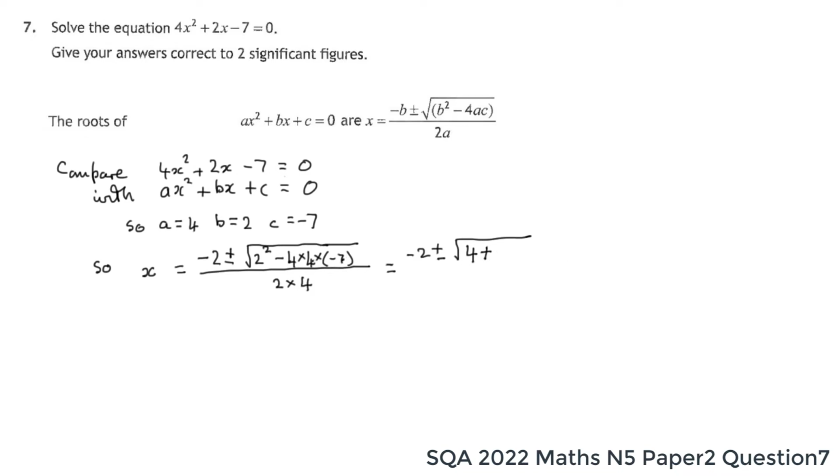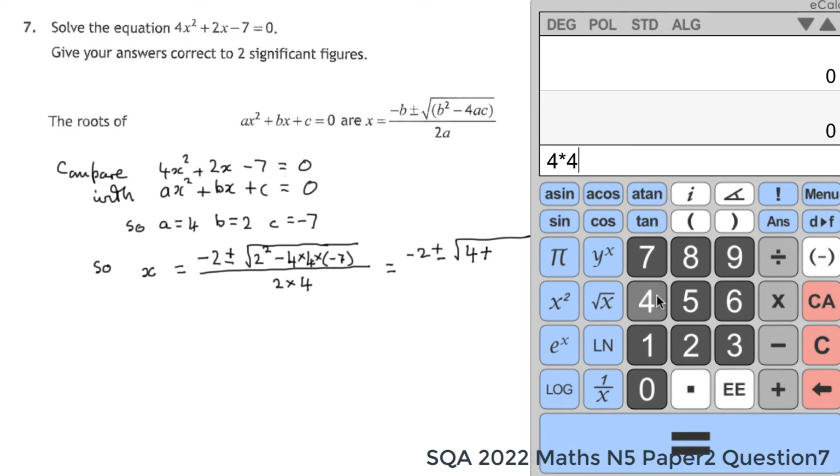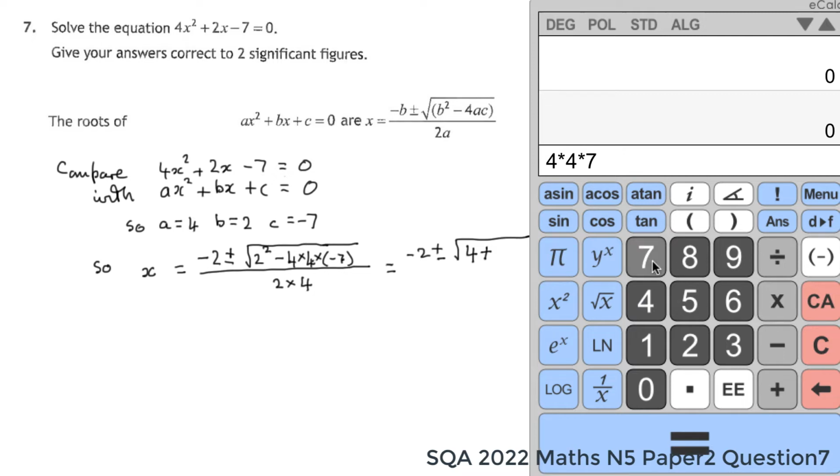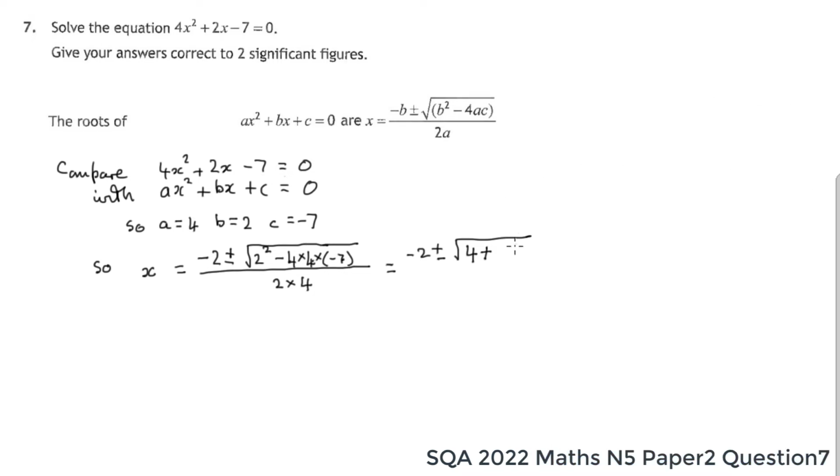We need to work that out in a calculator, I suppose. That's worth doing. 4 times 4 times 7. Well, that comes to 112. There we go. So that's 4 plus 112, which is 116, and that's all over 8. So it's -2 plus or minus the square root of 116 over 8. So there are 2 values for x.